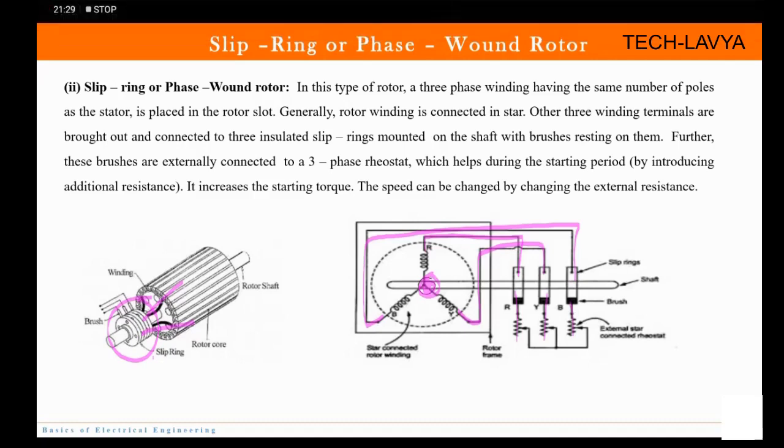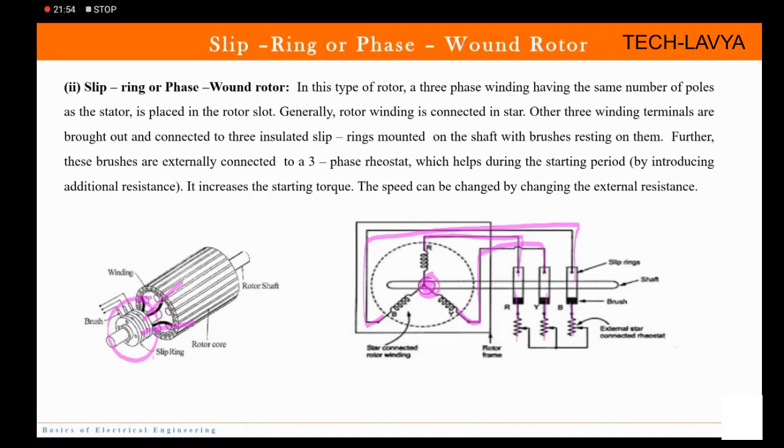So what is the advantage of slip ring induction motor? The advantage is the two ends are not short circuited and the second ends are brought out and connected to slip rings which are connected to external rheostat, and by changing these resistances with the help of rheostat we can change the speed.